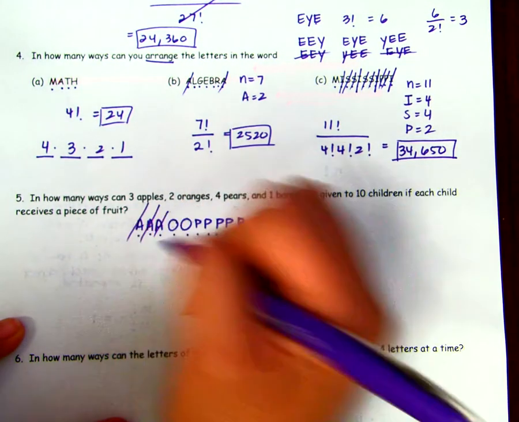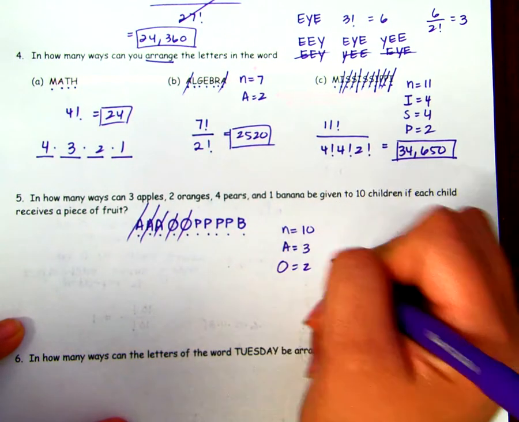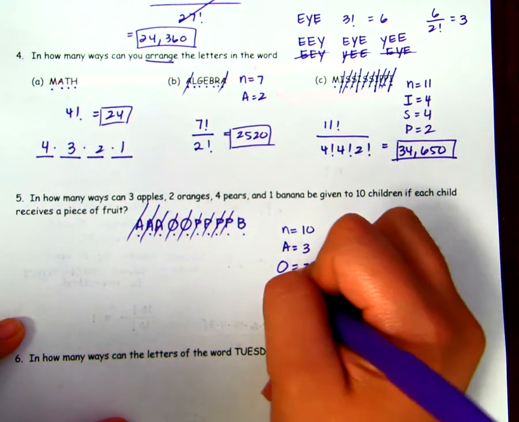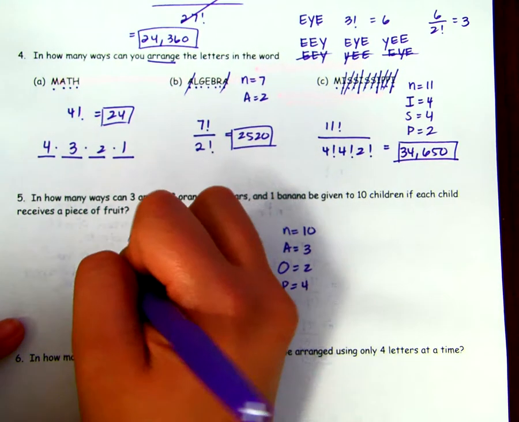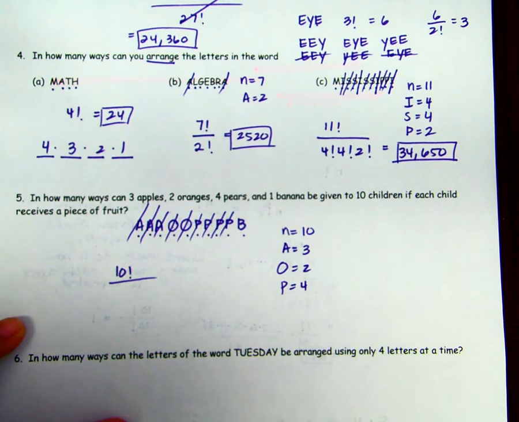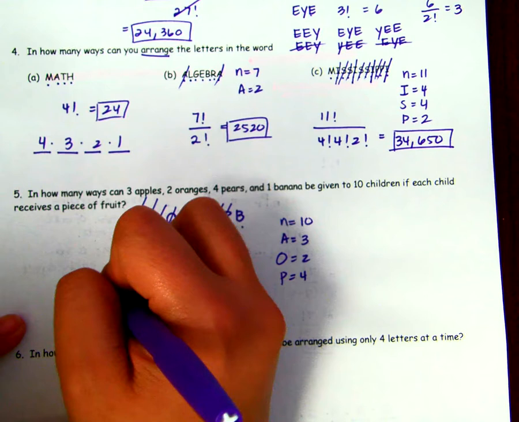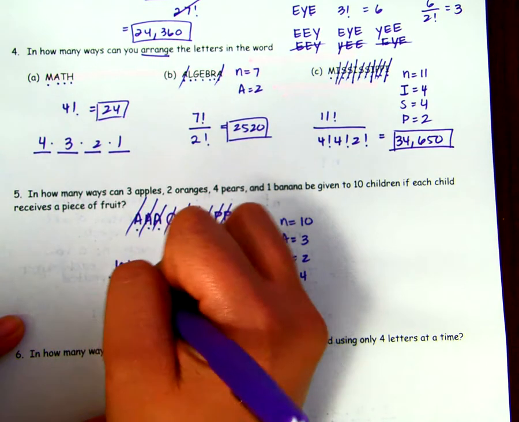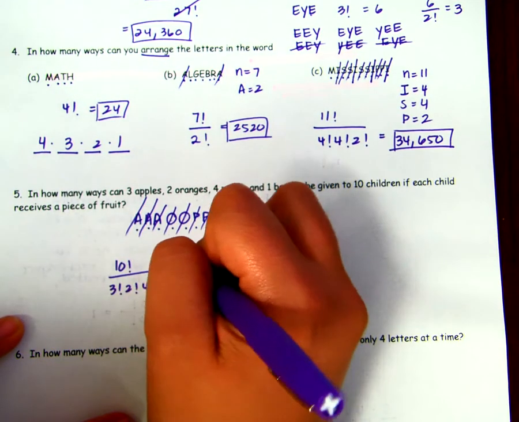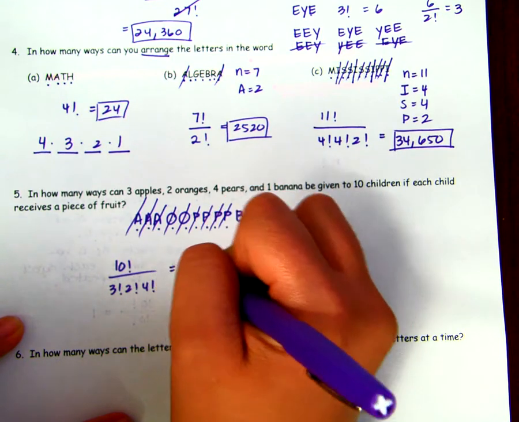In this case, there are 3 A's, there are 2 O's, there are 4 P's. So the number of ways that I can distribute all of these apples, oranges, pears, and bananas, given that all the apples are the same, all the oranges are the same, and all the pears are the same, would be 10 factorial over 3 factorial, 2 factorial, 4 factorial, which ends up being 12,600.